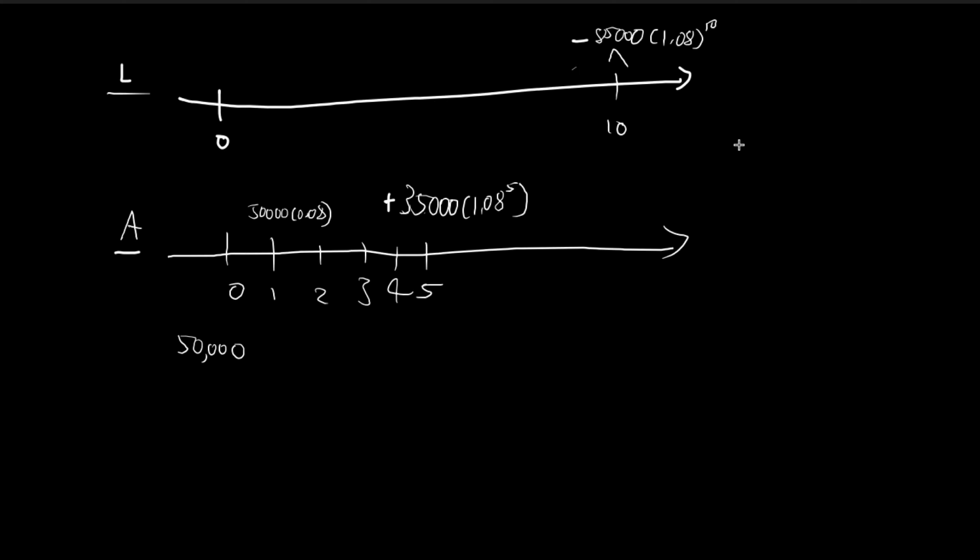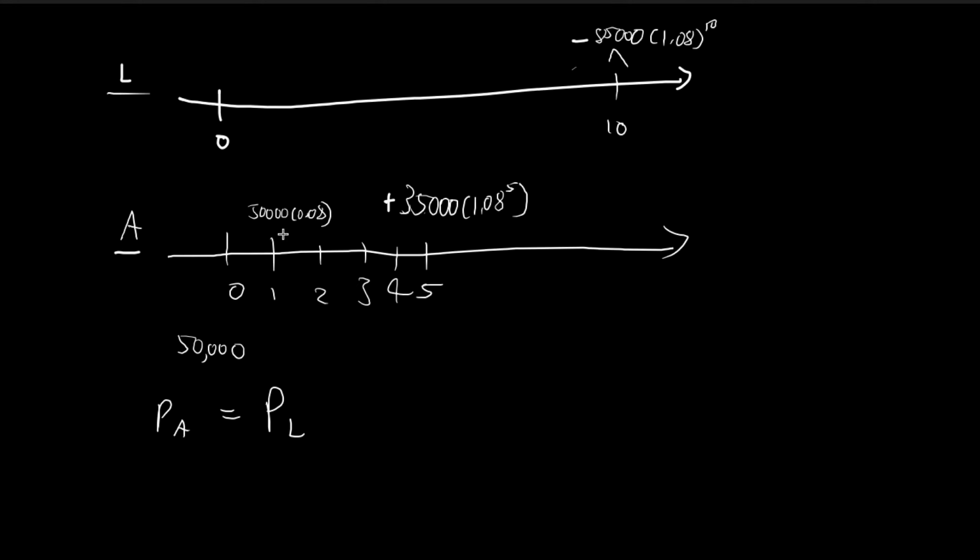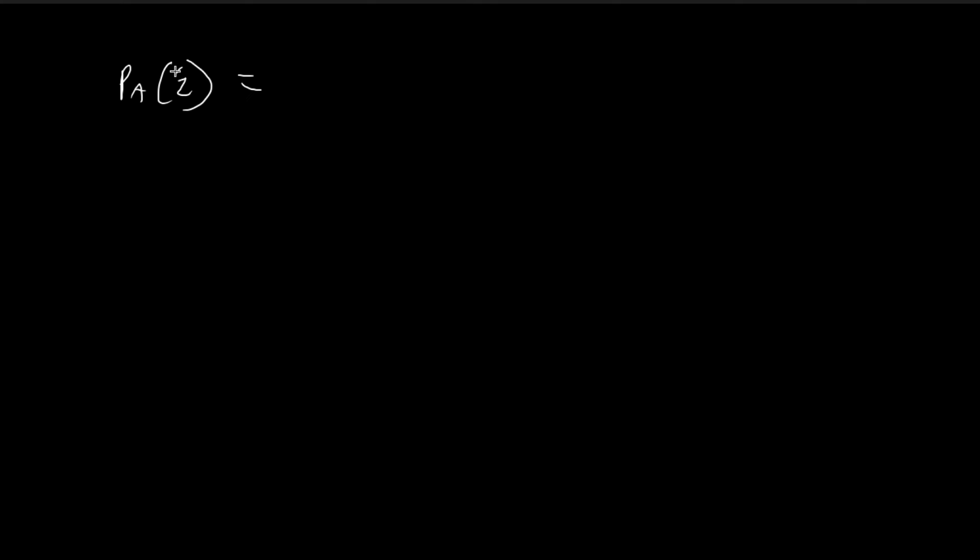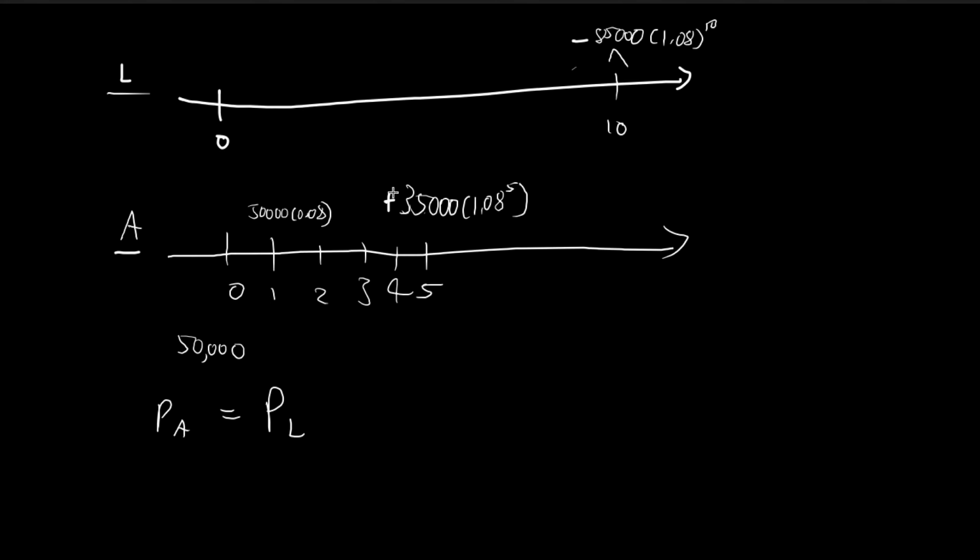So it's essentially just a perpetuity. So here is a visualization of what the cash flows are. Now, in order to determine whether immunization can be achieved, let us first compare whether PA is equal to PL. First of all, for PA, this is going to be evaluated at a certain interest rate I. These cash flows over here are concrete cash flows. We're promised that we're going to get this amount of money in the future. But in this case, we're going to use this as a function because later on we're going to have to take the derivative with respect to I. And so over here we have this $50,000 times 0.08, and we're going to receive this at every single time point.